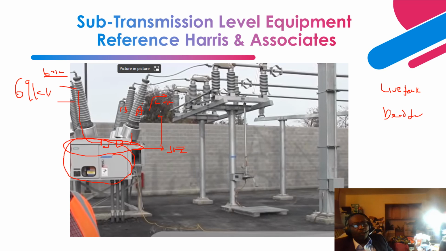When operating the contacts, we have a stationary contact, a movable contact, and an arcing contact that helps extinguish the arc as fast as possible. This conductor, like I told you, goes through this apparatus bushing, and inside this we have SF6 as an insulating medium.